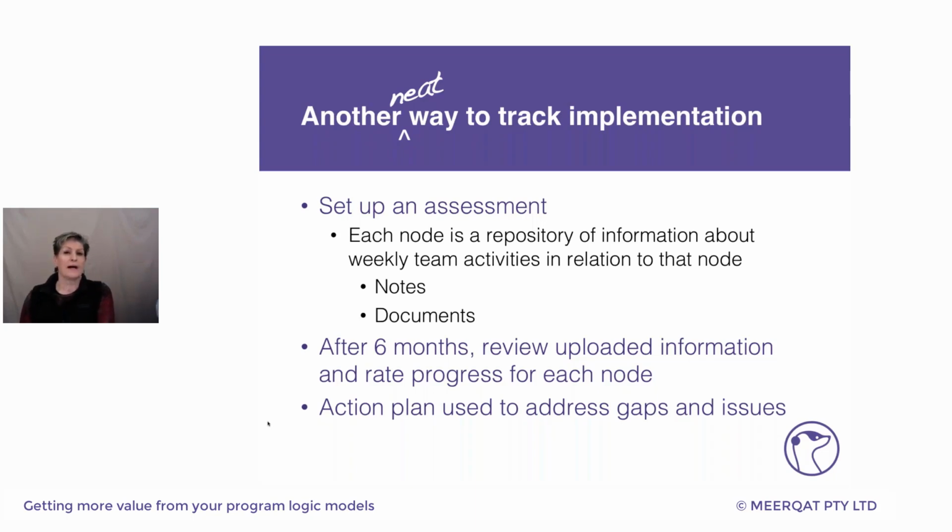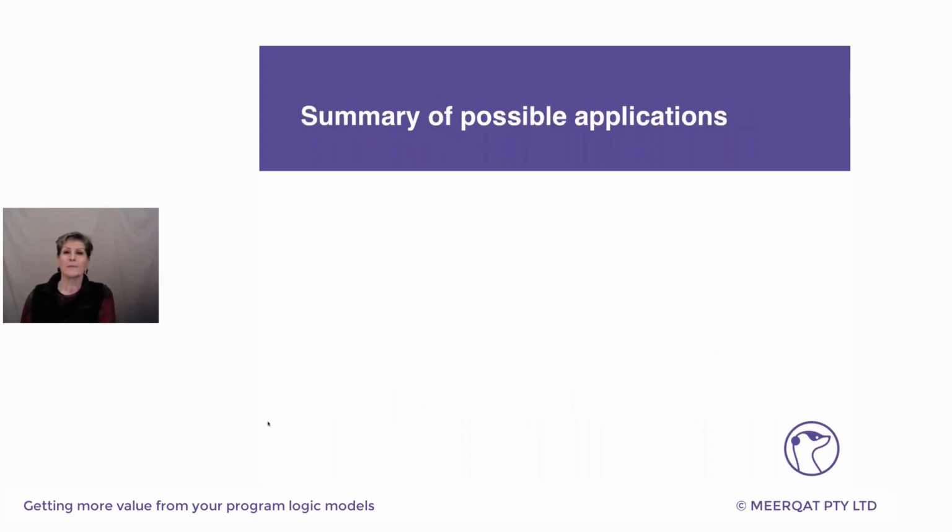So in summary, today I've shown you how the ability to create interactive versions of your program logic models allows you to extend the usefulness of those models into a range of applications right across the lifespan of a program. So you can use the logic model to assess the readiness of a site to implement a particular program.